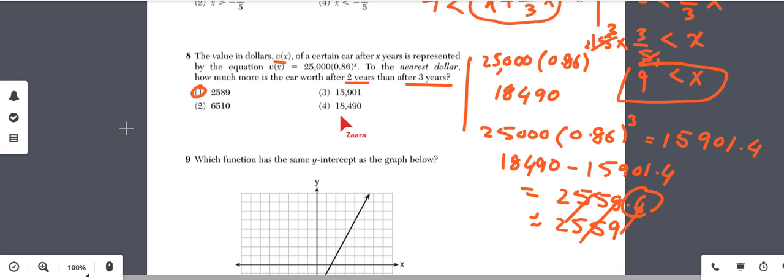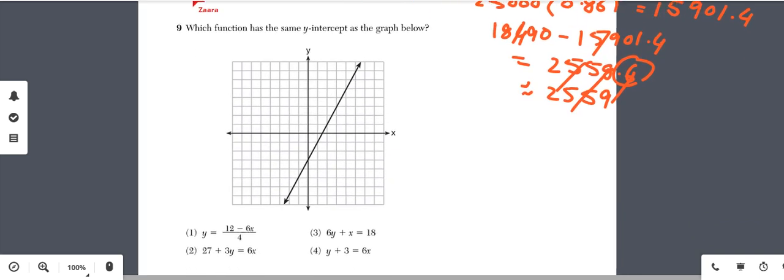It's just a computational error. You can verify that. It is basically 2588.6, which is approximately equal to 2589. Is it clear? Okay, look at the next one.